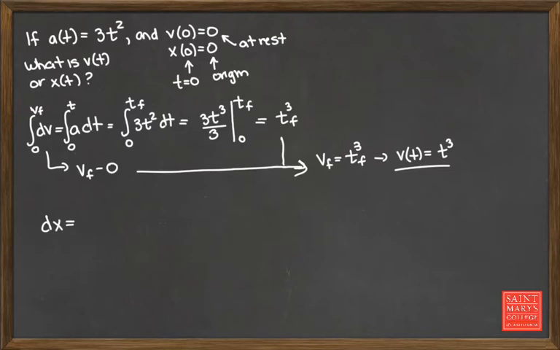Then you want to finish. You want to do the position as a function of time. Position is the left-hand side. The limits are the initial position, which we set as 0, to some final time. The right-hand one is integrating over time again, so again from 0 to t sub f.